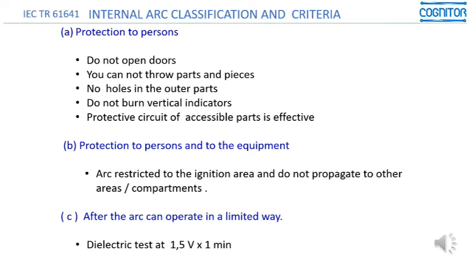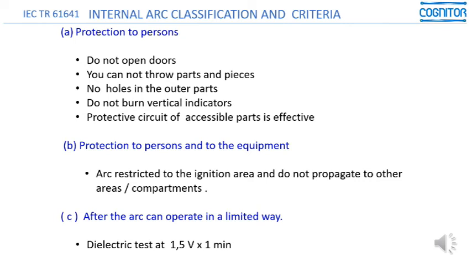And there is still one additional classification, which is possible if the manufacturer wants to do this, which is the classification in which the equipment after the arc is able to operate in a limited way. To operate in a limited way means the following.